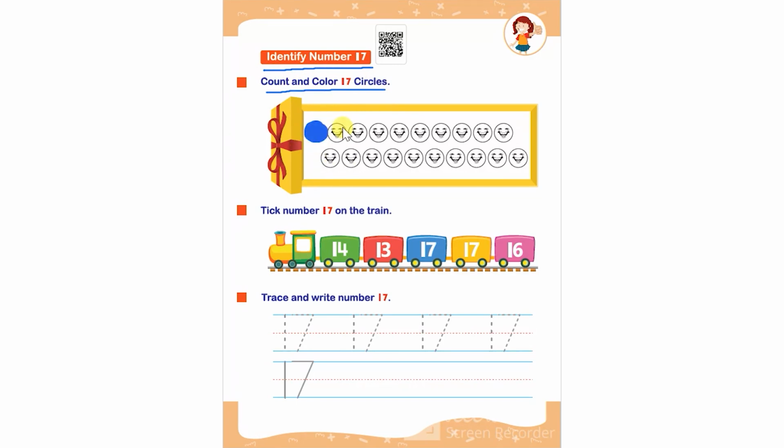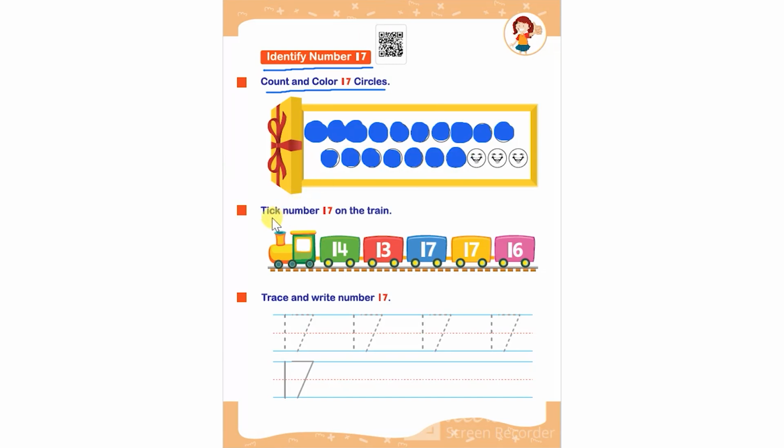So 1, 2, 3, 4, 5, 6, 7, 8, 9, 10, 11, 12, 13, 14, 15, 16 and 17.